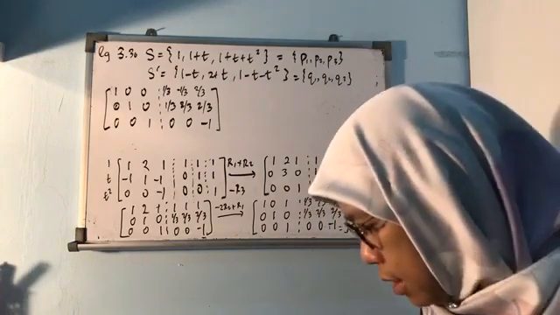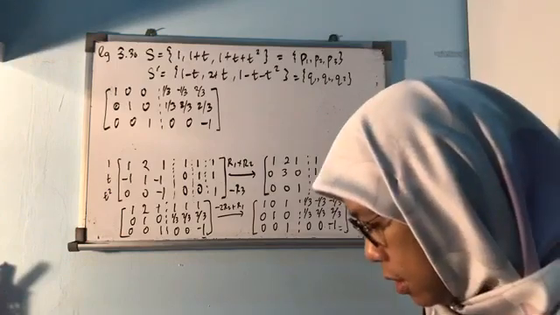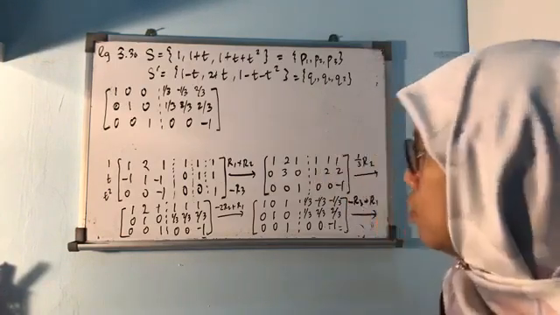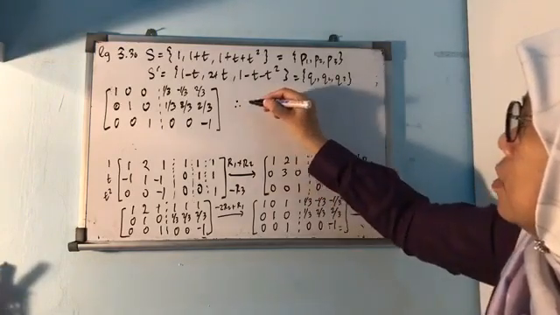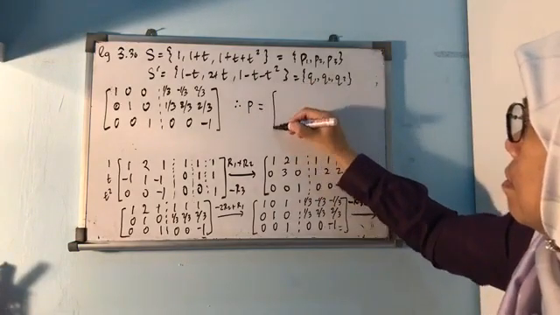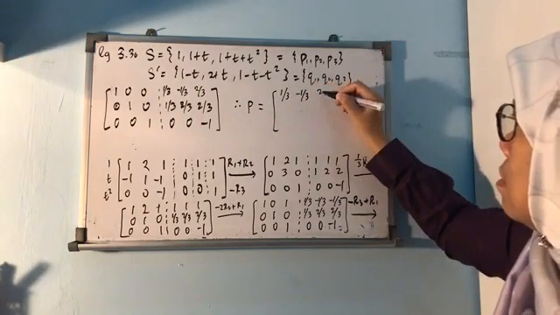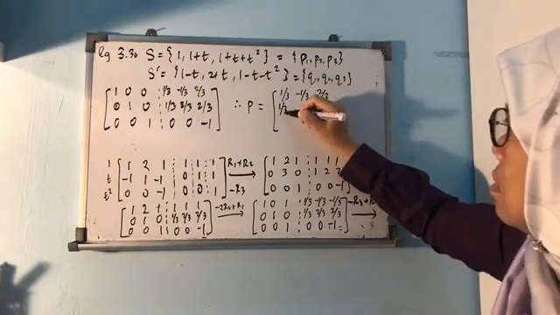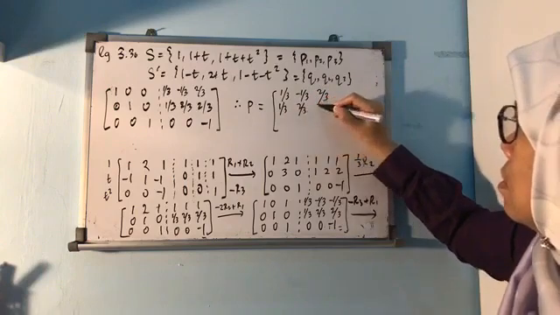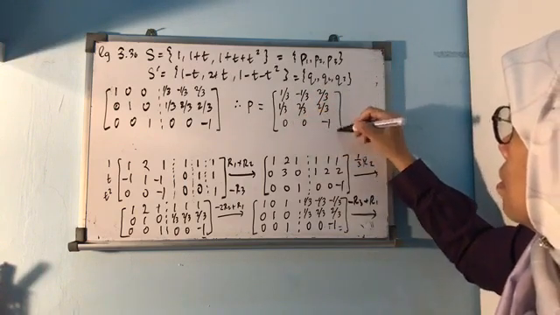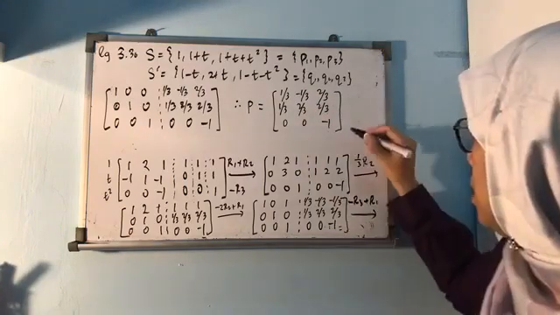One-third, negative 1/3, 2/3, 1/3, 2/3, 2/3, 0, 0, negative 1. Okay, so that is your P. Copy again. So this is your P.